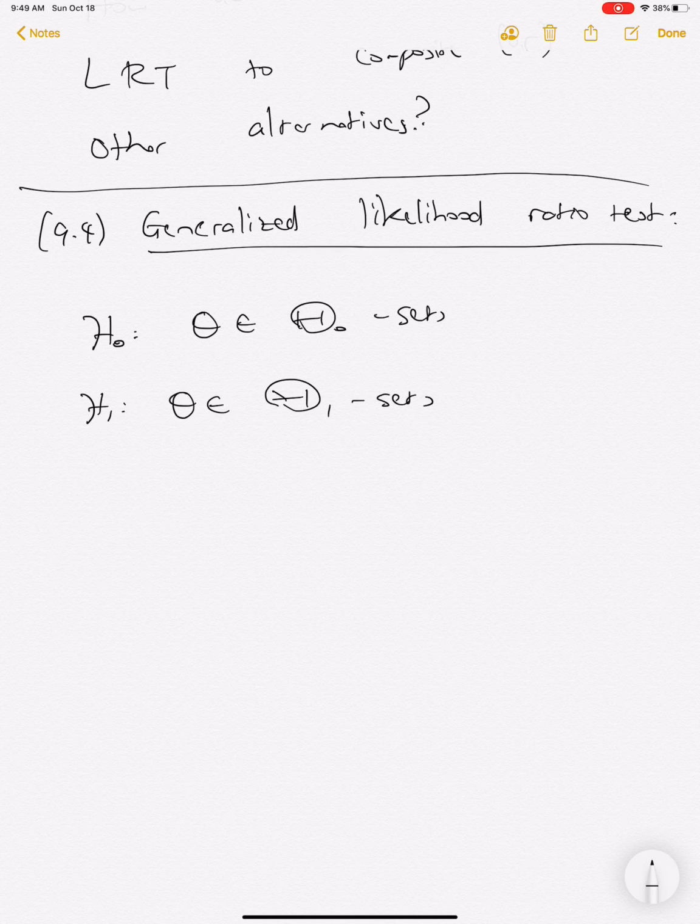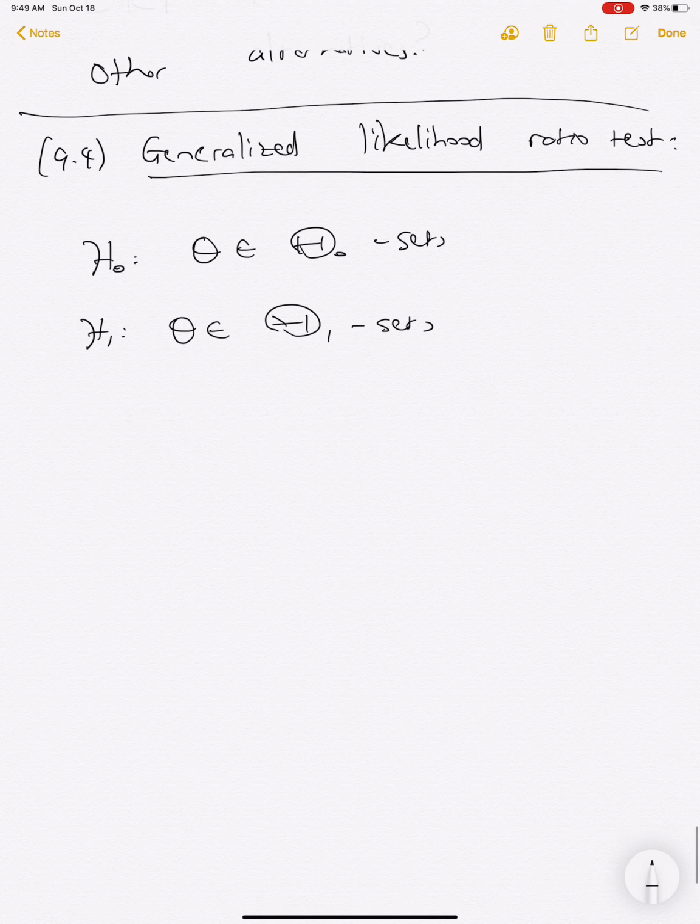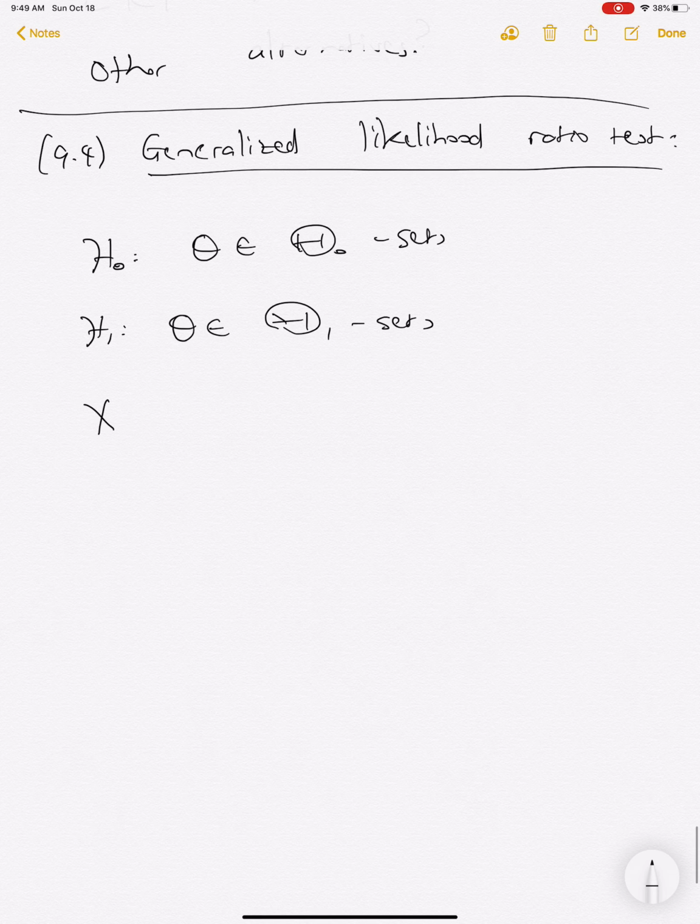These are sets, and they don't have to be just one point, as we've seen before. We have our data, x1, x2, up to xn, distributed with some PDF f of x given theta, and they're independent.